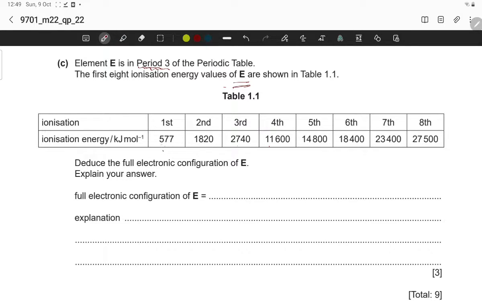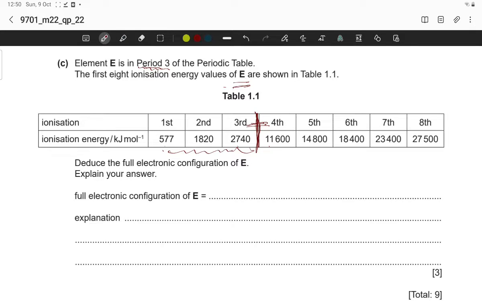So the first three values are of similar magnitude, and there is a big jump between the third and fourth electron. So it means element E is present in group 13.